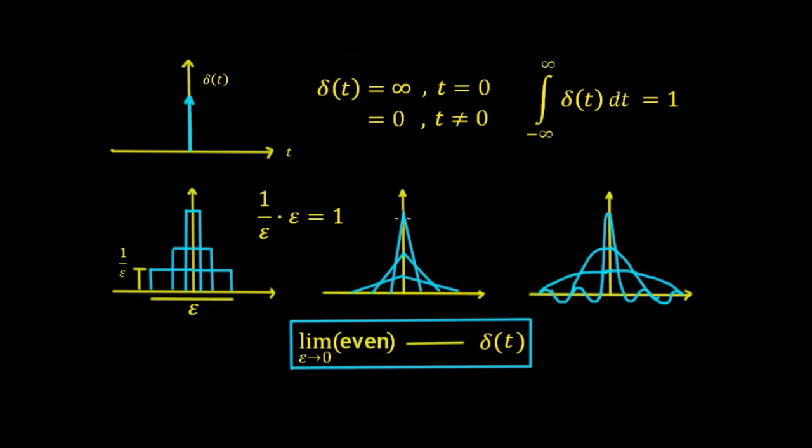And this thing here will tend towards a spike as well, and we could use a sinc function to do the same. So really what we're doing, in order to produce this delta function, is taking the limit as epsilon tends towards 0 of any even function, and it'll tend towards this delta function.